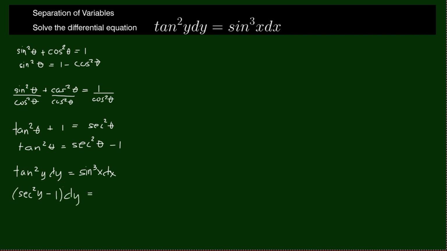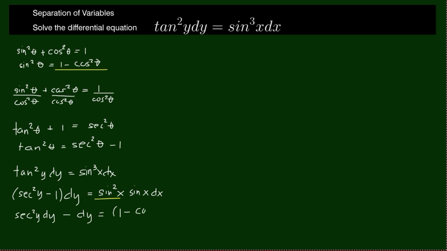Then the right side of the equation can be written like this: sine squared x times sine x dx. We do this because this is equal to this one. This is now 1 minus cosine squared x times sine x dx.